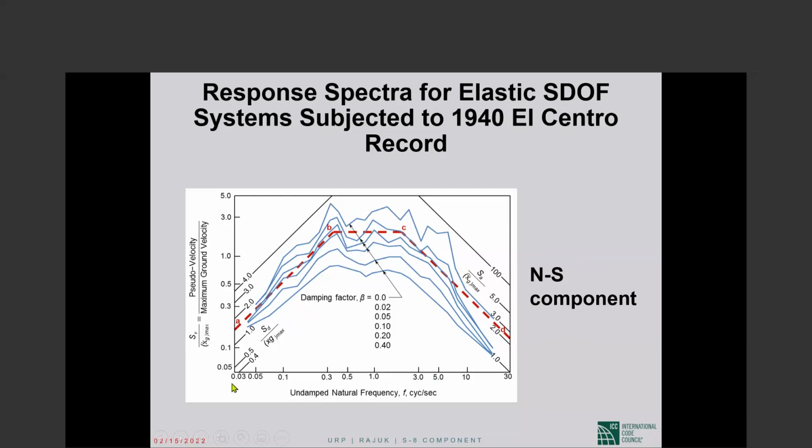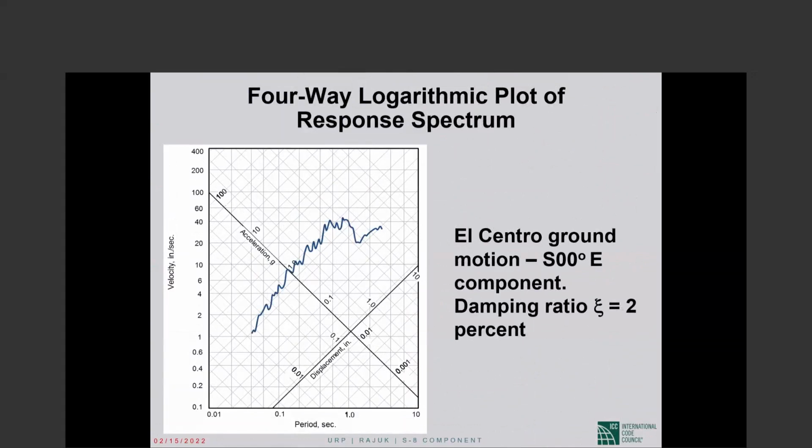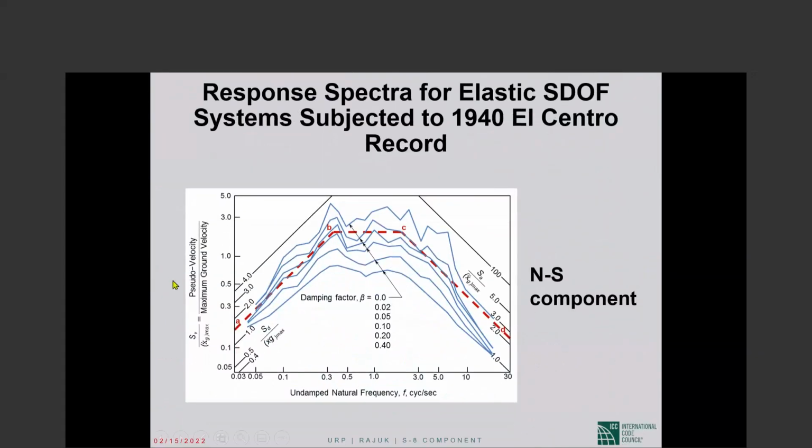Since frequency is on the x-axis, now the right to left diagonal scale gives you the spectral accelerations, and the spectral displacements can be read this way.